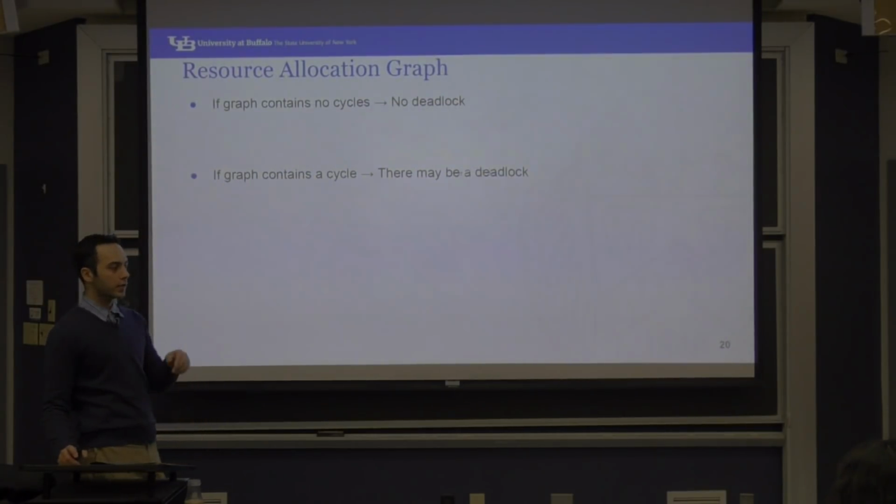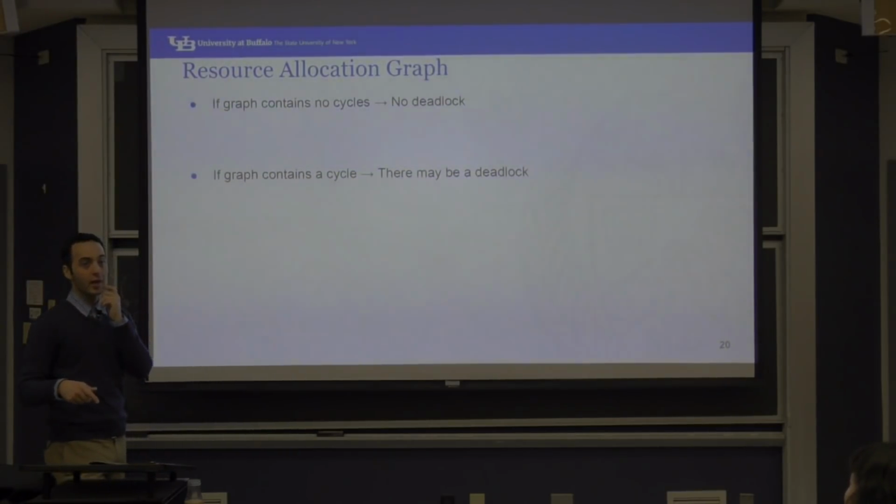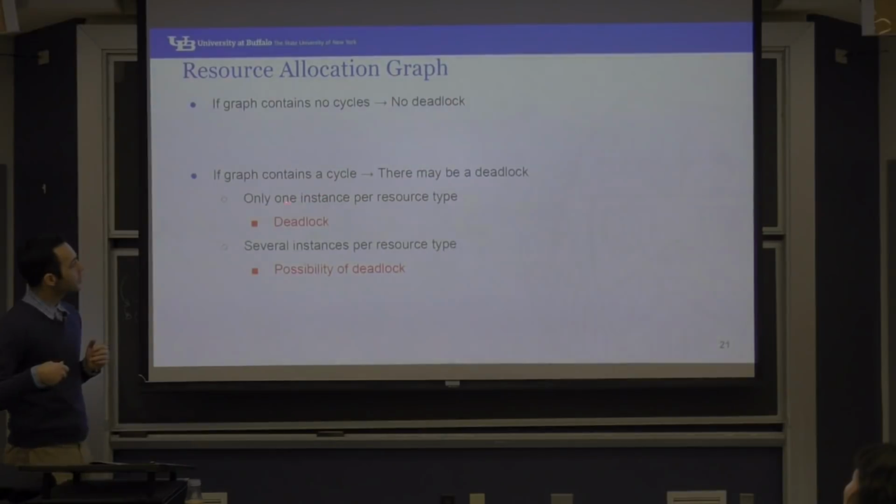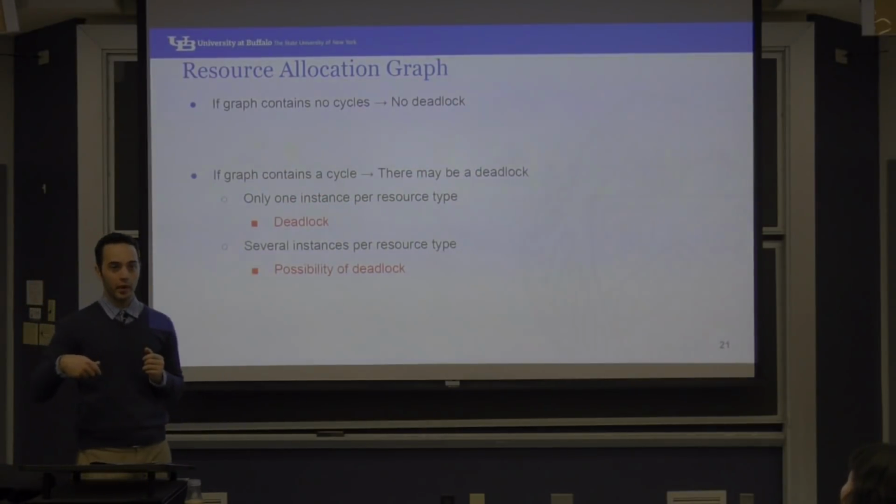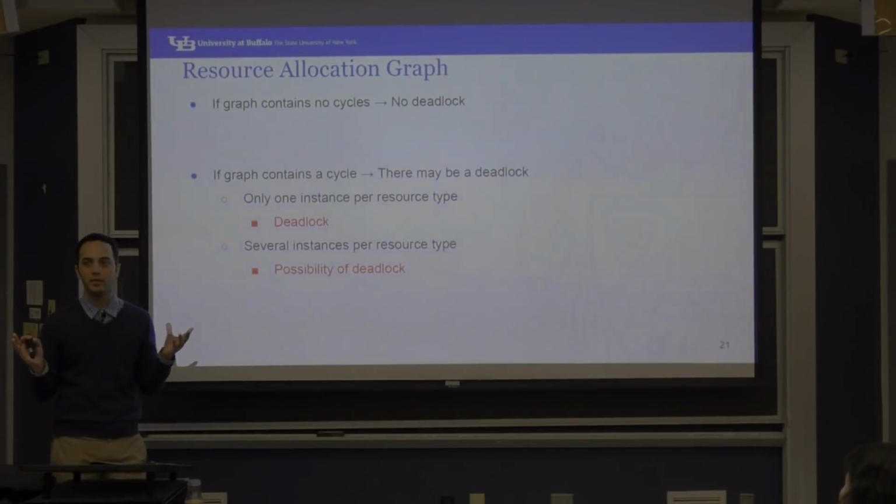But considering we don't have preemption, does a cycle in the resource allocation graph lead to a deadlock? It depends on the number of resources, right? If there is only one instance per resource, then there is a deadlock, because that's the simple case that we have thought of.